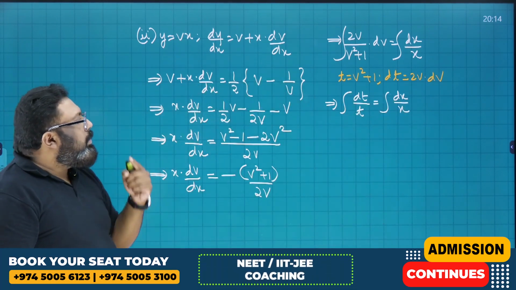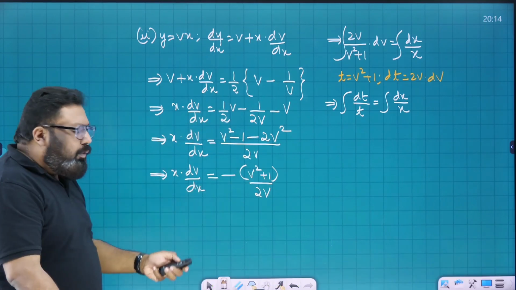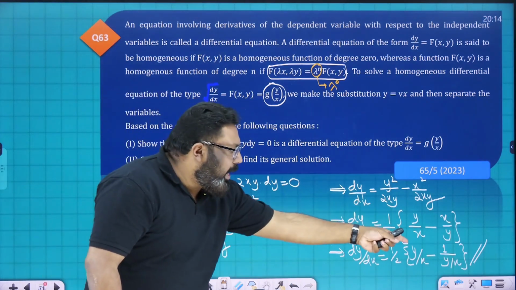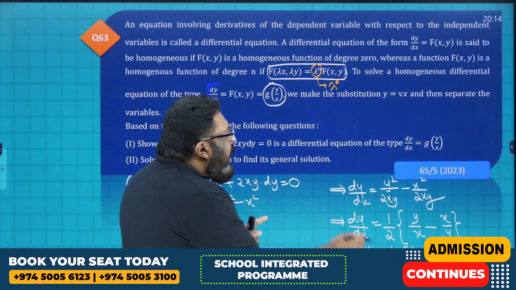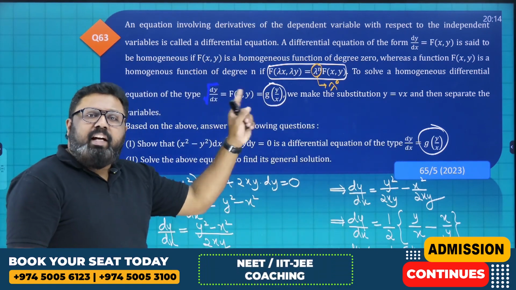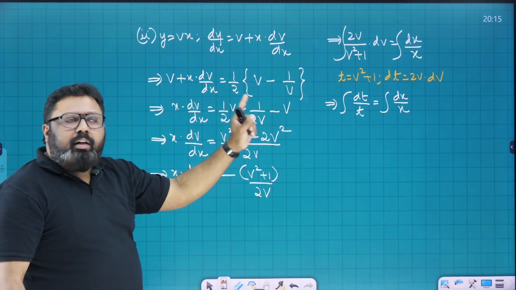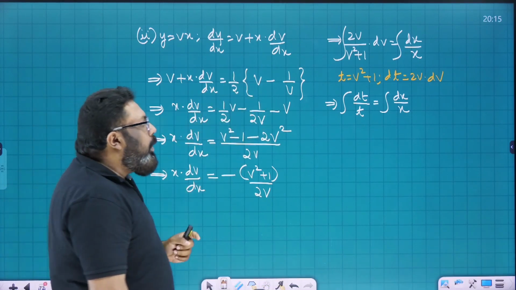It's a simplification, my dears. I'm just putting back and taking LCM and then rearranging. The first idea was to write it in the form of y by x, because they asked me to write it as g of y by x. Next, I'm asking you to solve it by putting the substitutions for type 1.